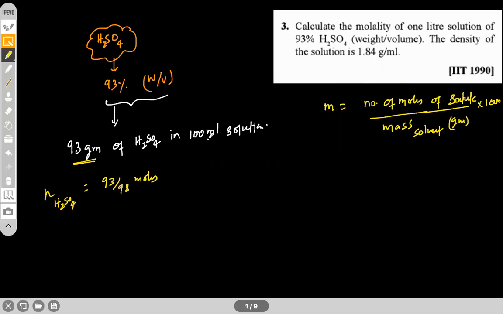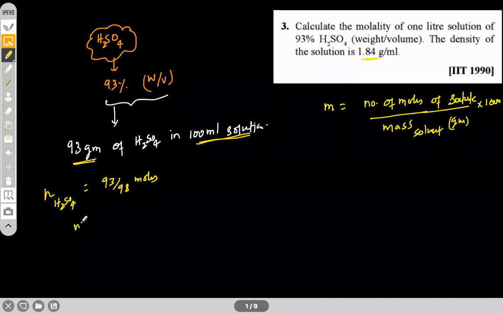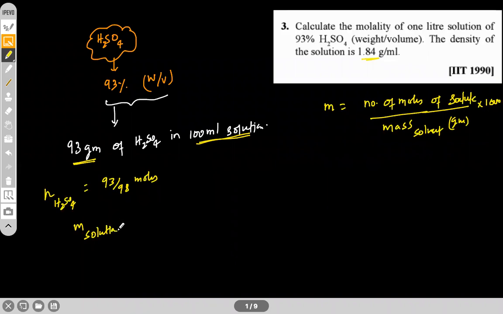Volume of solution is given and density is also given, 1.84. So what is the mass of solution? Mass of solution is equal to density into volume. So density is 1.84 and volume is 100 ml.